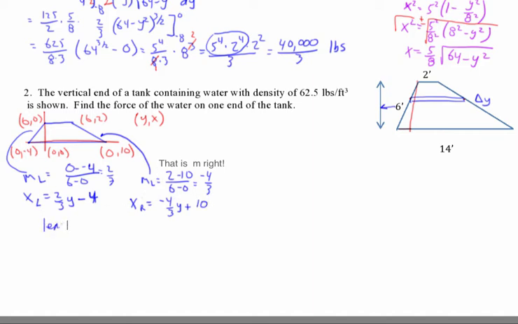So now we have our length of our rectangle, this part right here, will end up being the x on the right minus x of the left. So -4/3 y plus 10 minus, our parentheses matter, so we'll say 2/3 y minus 4. Simplify that, we get -6/3, so -2y, and then 10 plus 4 is 14.